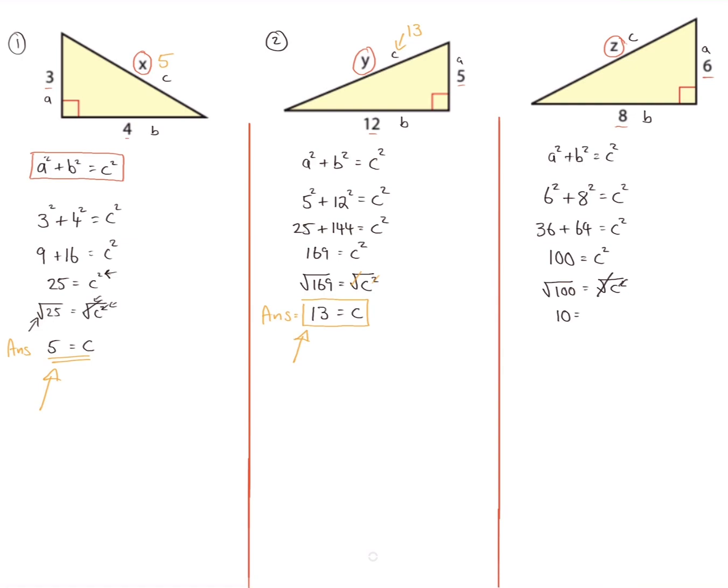You can use your calculator for that as well if you want. So 10 equals c. So our answer is 10 equals c. And you can see I put a little squiggly line underneath. So the length of the longer side of the triangle is 10.